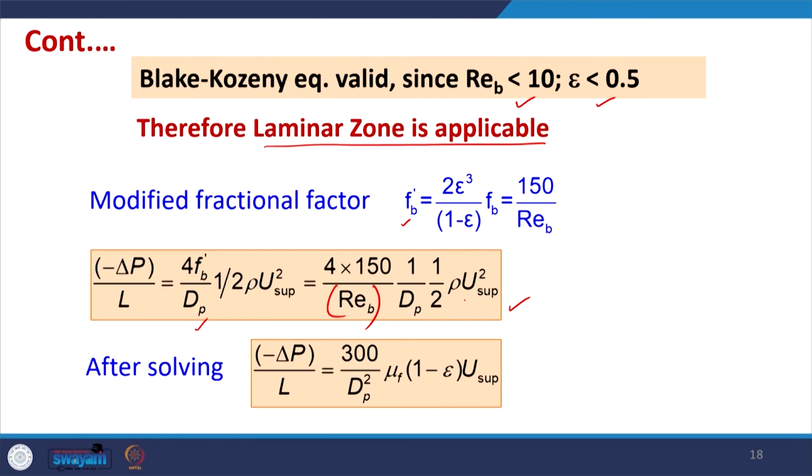If REB is known, we can directly use this equation, and substitute all the parameters in it to get the value of the pressure drop.